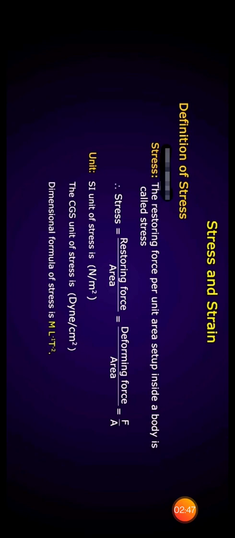Therefore, stress is equal to restoring force per unit area, and the restoring force is equal to the deforming force, so stress is denoted by F upon A. The SI unit is Newton per meter square, the CGS unit is Dyne per centimeter square, and its dimension formula is M L minus 1 T minus 2.